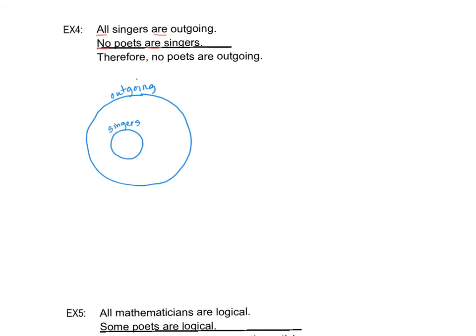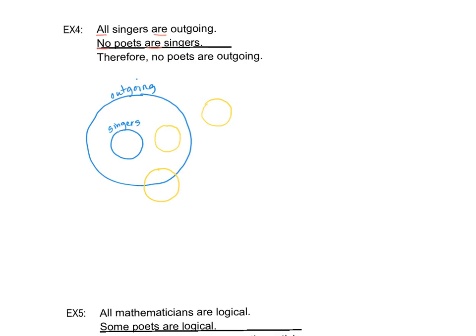No poets are singers. That means the set of poets can go completely outside. The set of poets can be completely inside the set of outgoing, just not touching singers. That's the only requirement. Or we could have something like this, where the set of poets overlaps the set of outgoing people.